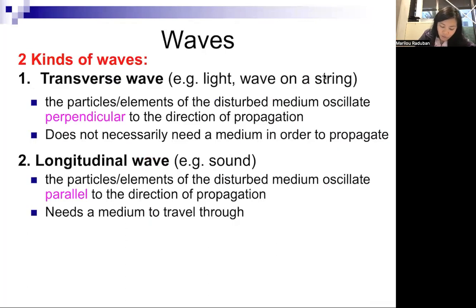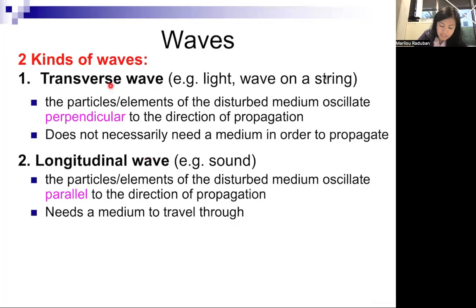We can classify the wave as a transverse wave or a longitudinal wave. Here you can see some examples: transverse waves include light or a wave on a string. Longitudinal waves, an example of that will be sound. And next week we'll be focusing on sound.